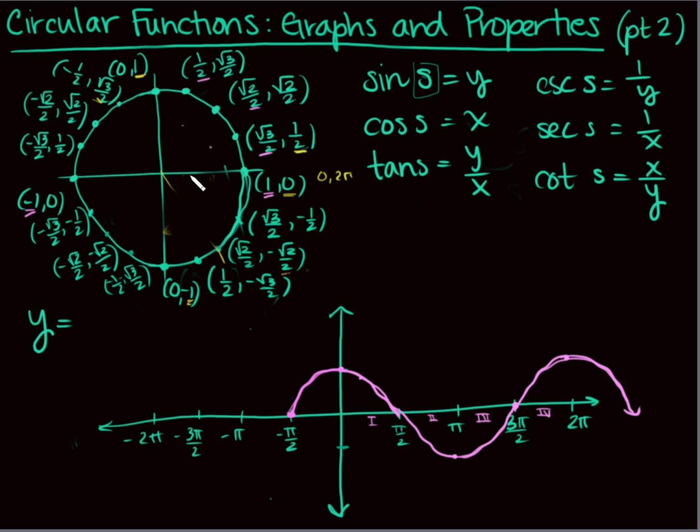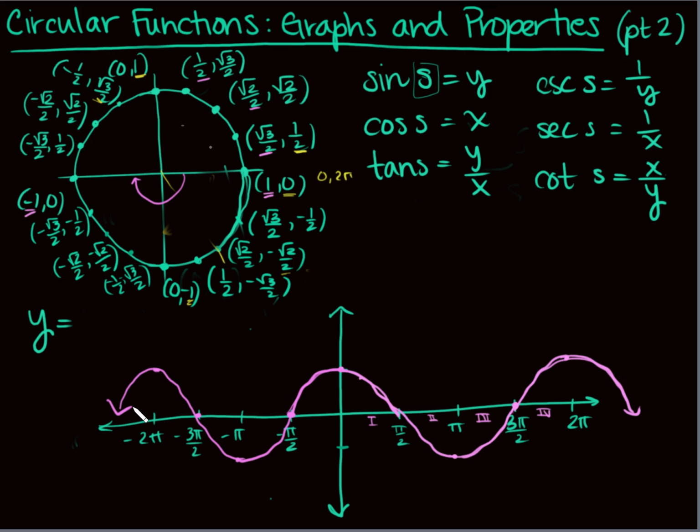Then at negative pi, which is all the way around, we're going to get negative 1. Negative 3 pi over 2, we get 0. And negative 2 pi, which means we've just gone all the way around, we're back to 1. And then again, you get the same kind of cyclic nature here.